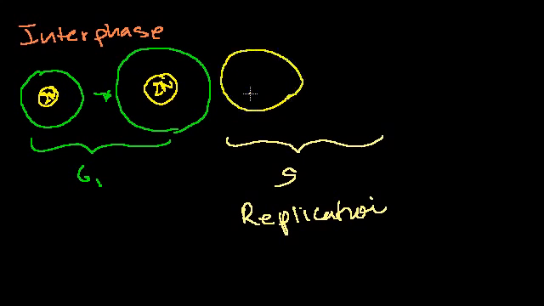let me start with some organism that has two chromosomes. At the beginning of S phase, I'll draw things as chromosomes just to make it clear that things are being replicated. Let me say it has this chromosome right here, and then this chromosome right here.